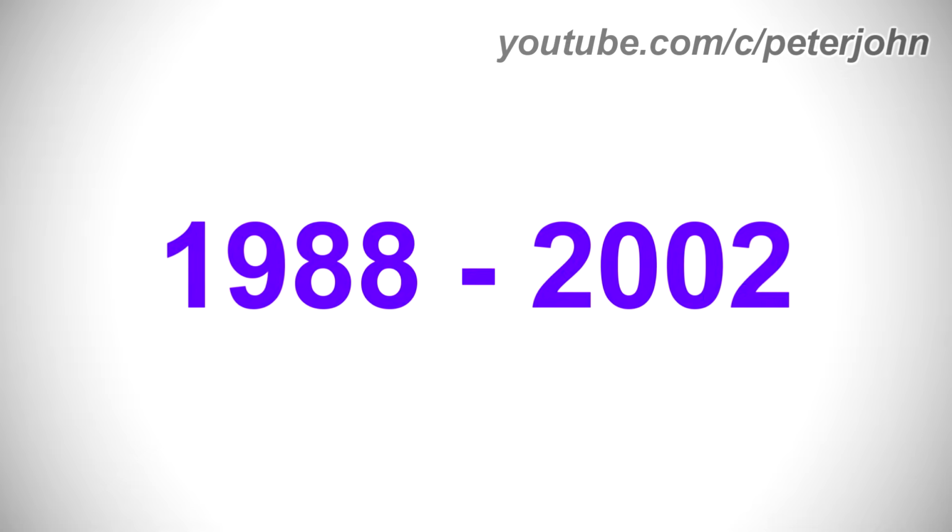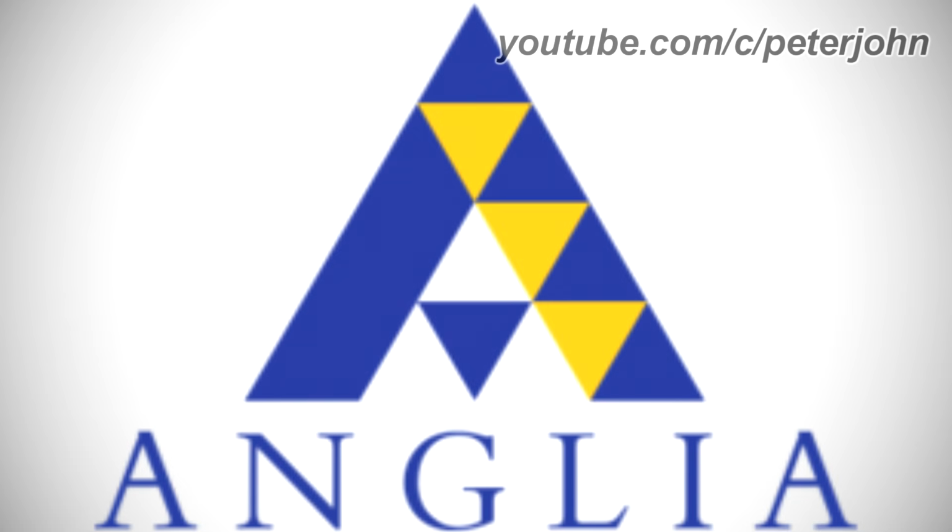1988 to 2002, there is a letter made out of two blue shapes, and on one of the shapes, there are three yellow triangles, and under the letter, there is the word Anglia in blue text.